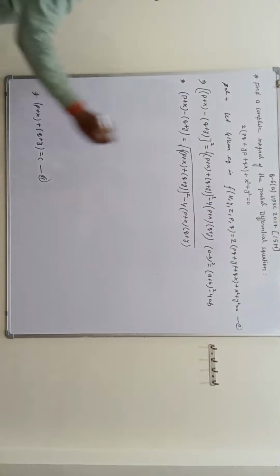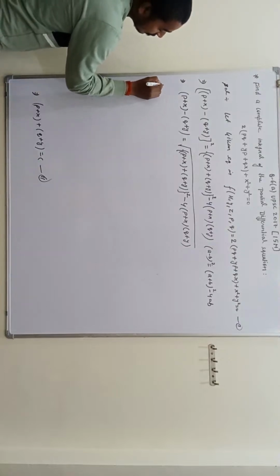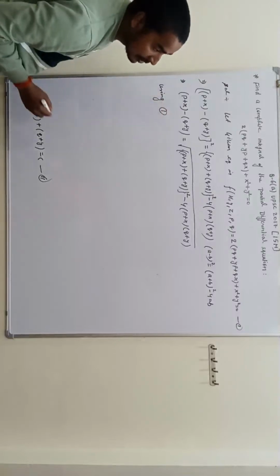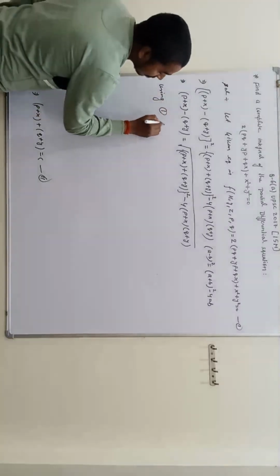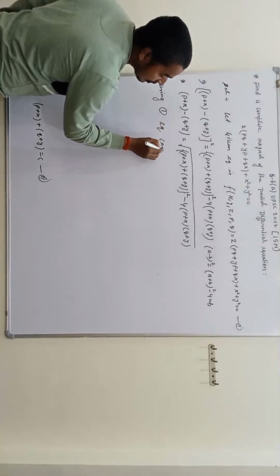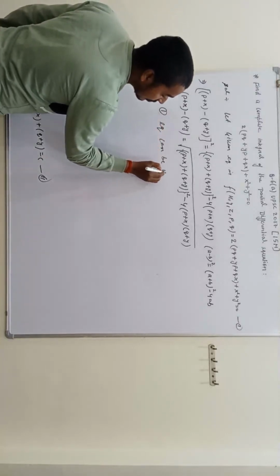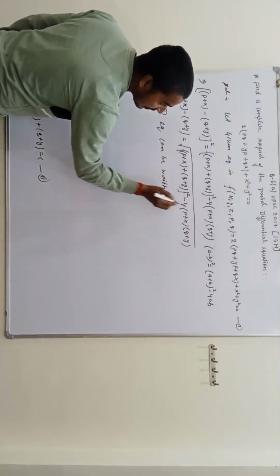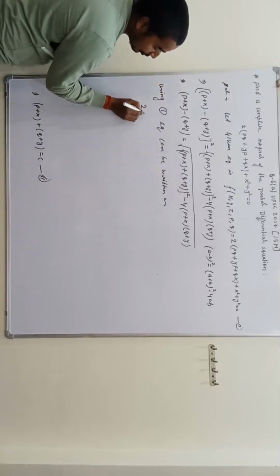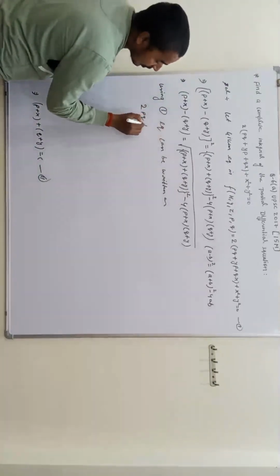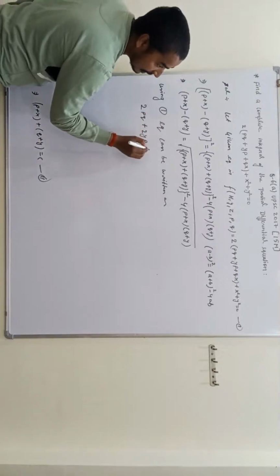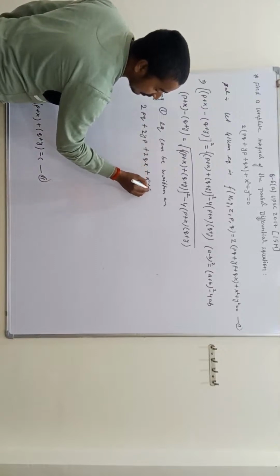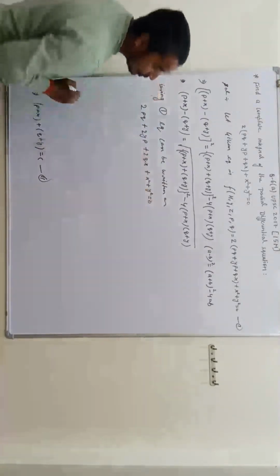First, using equation 1, equation 1 can be written as 2pq plus 2yp plus 2qx plus x square plus y square is equal to 0.